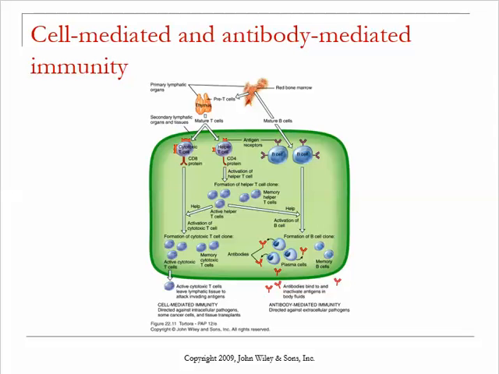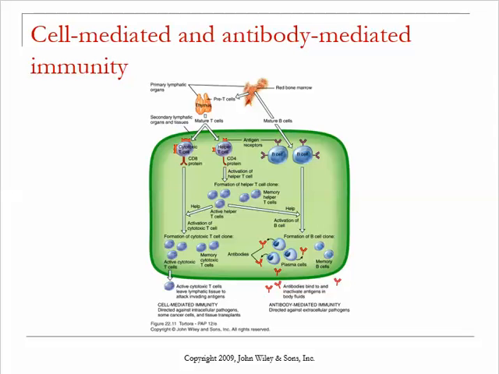We talk about the two ways that this happens as cell-mediated and antibody-mediated immunity. The T cells are all involved with cell-mediated immunity, and the B cells are involved with antibody-mediated immunity. The basic difference is that in cell-mediated immunity, the cytotoxic T cells are actually involved with killing cells the same way natural killer cells are, and they are the direct actors.